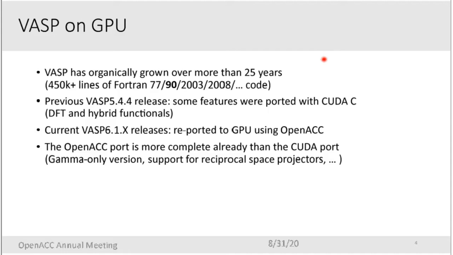The current release version of VASP, VASP 6.1 something, contains an OpenACC port to GPU. And owing to the simplicity of porting using OpenACC, this port quickly became more complete than the old CUDA port ever was. So we're quite happy with this.